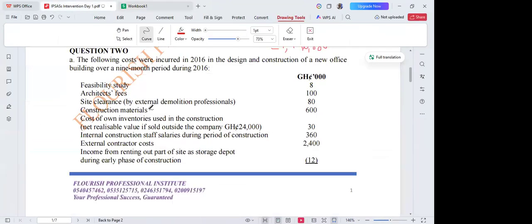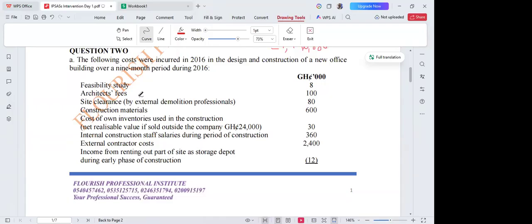So let's check the ones we have there, and let's see whether we are going to include them or not. So let's start with the first one, feasibility study.